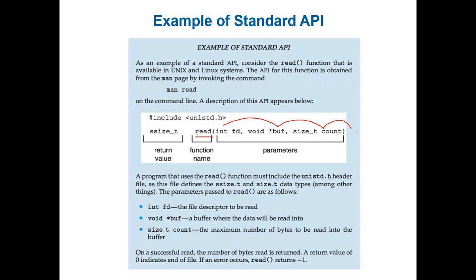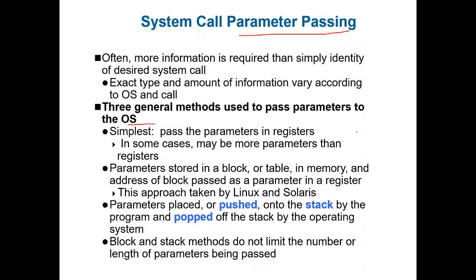How these parameters are passed, where they are stored, and how it recognizes them, that is what system call parameter passing is. So the first method is to pass the parameters in registers. Whenever the system call is called, it also recognizes what type of parameter is passed to that system call, and based on that it will execute.